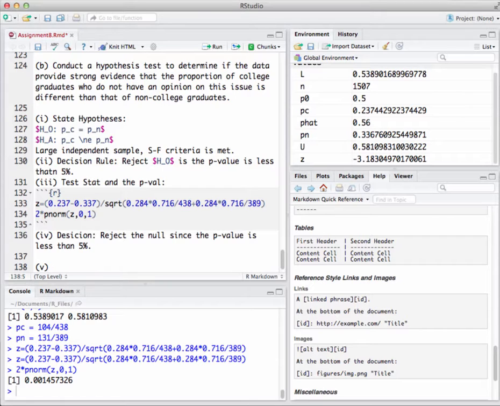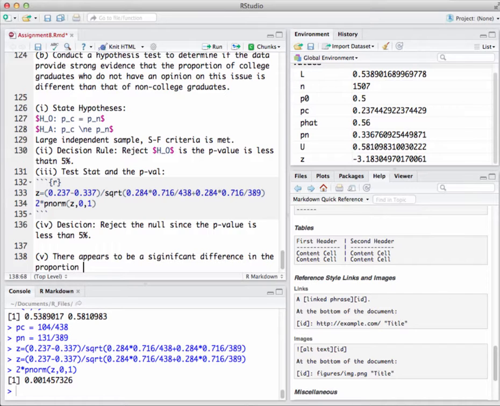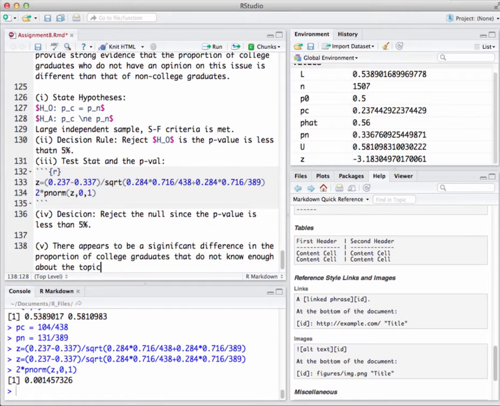So the conclusion says there appears to be a significant difference in the proportion of college grads that do not know enough about the topic. Okay, good enough. That'll work.